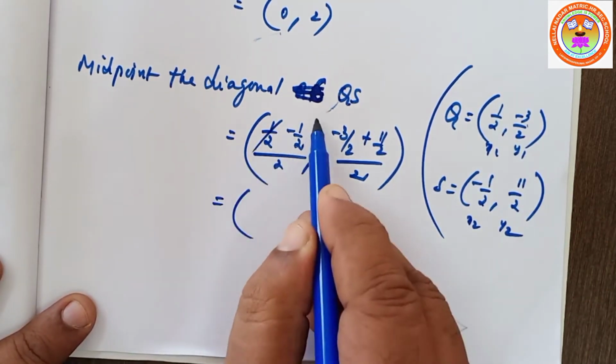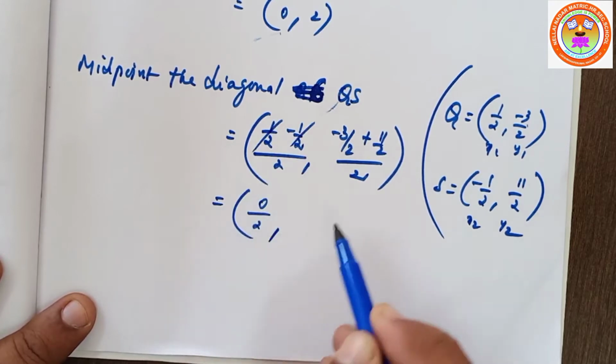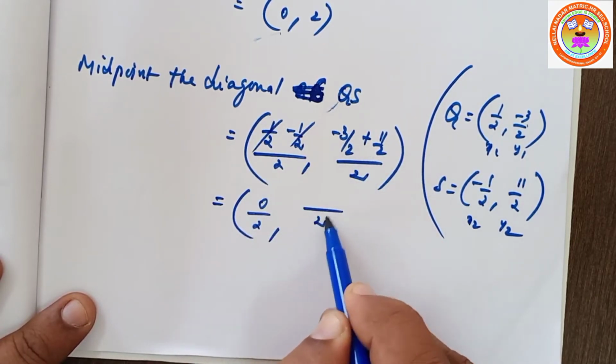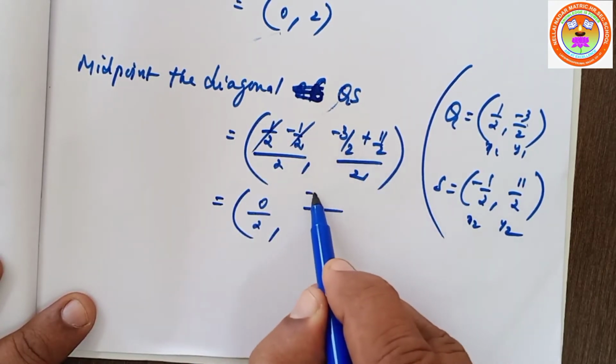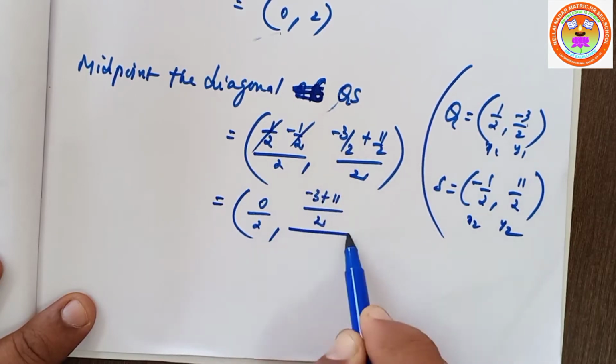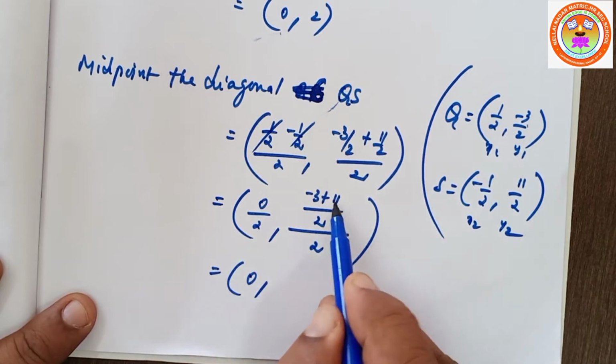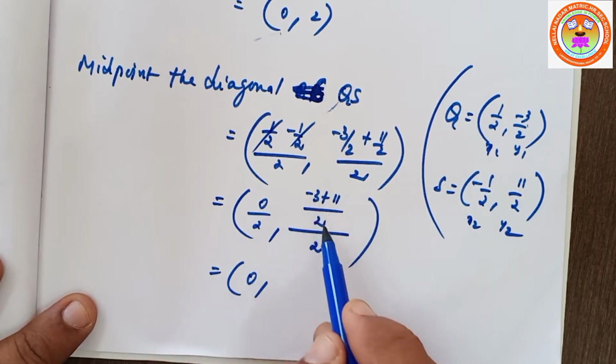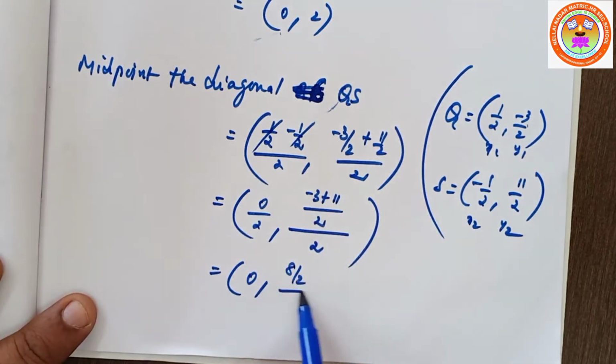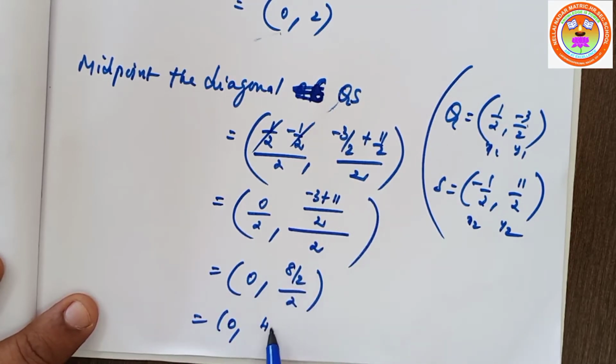Half minus half get cancelled, 0 by 2. Here 2 is the common denominator, add the numerators: -3 plus 11 divided by 2 equals 0 by 2 is 0. 11 minus 3 is 8, 8 by 2 by 2. (0, 8 by 2 by 2), that is 4 by 2, that is equal to 2. (0, 2).